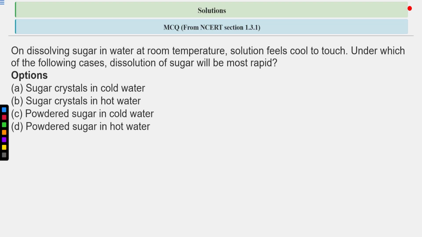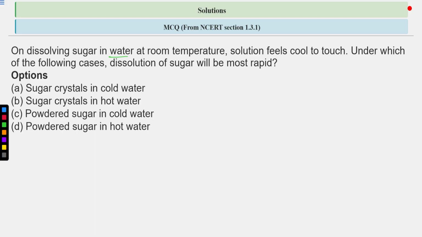Okay, so let's start with our first question, which is an MCQ taken from NCERT section 1.3 under 1.3.1. The question says that on dissolving sugar in water at room temperature, the solution feels cool to touch.